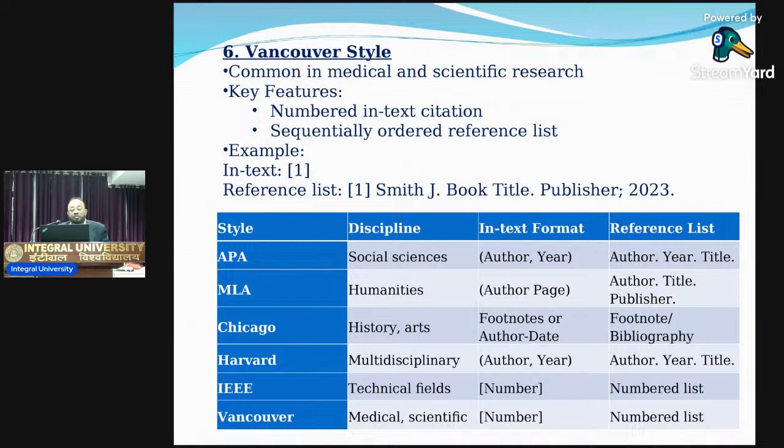APA is mostly used in social sciences, MLA in humanities, history and arts, Chicago styles, Harvard is multidisciplinary, commerce and management also use Harvard styles, IEEE is for engineering backgrounds, technical researchers use this, and Vancouver for medical and scientific research. So in-text format, author and year are important, and in the reference list, author, year, title. So this is the chart which can briefly explain what you have to do.